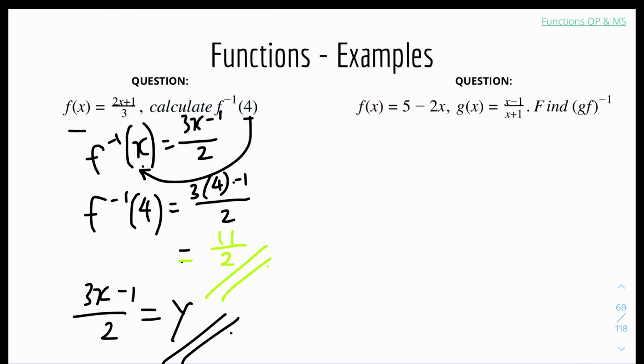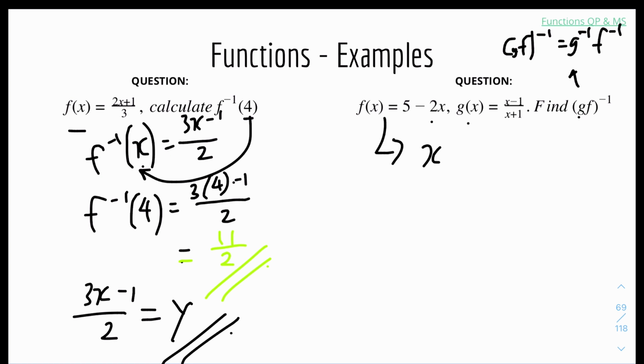Then we have f of x equals 5 minus 2x and g of x equals (x minus 1) over (x plus 1). Find gf inverse. So know that from just now, gf inverse basically means g inverse f inverse. So the f inverse value goes into the g inverse value of the x value. So let's just find the inverse of f of x.